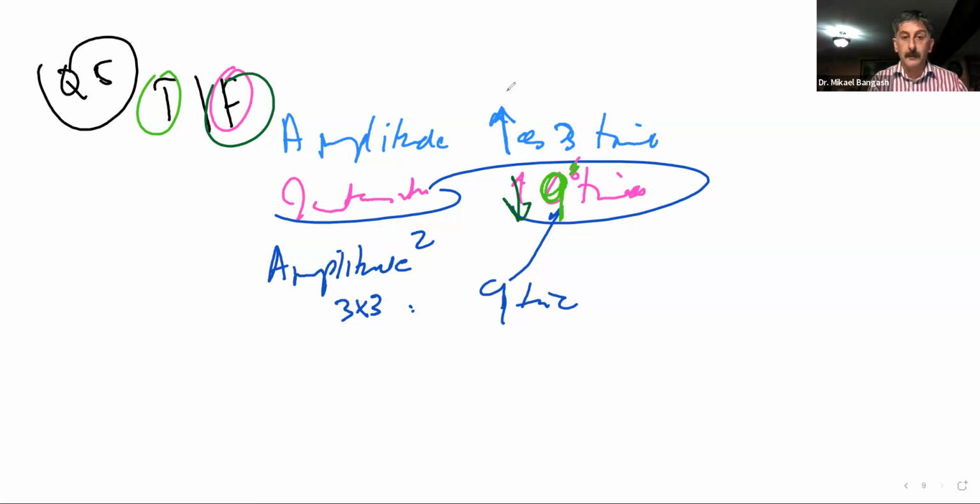That may be because you didn't realize that amplitude is directly proportional to intensity, which means that if one increases, then the other also has to increase.